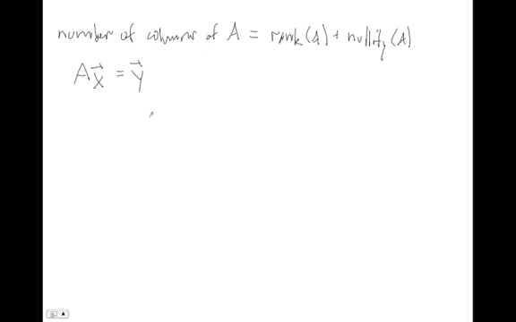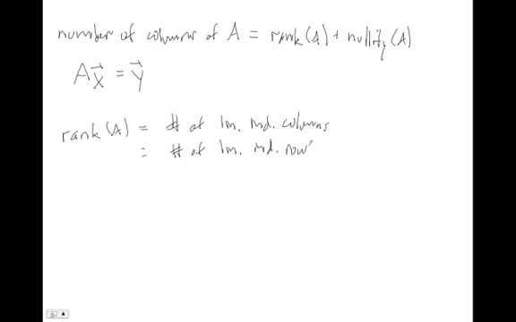So one thing that is true, though, this equation is always true. Replacing this columns with rows would be true for a square matrix, but even for rectangular matrices, we can say that the rank of A, which we previously said is equal to the number of linearly independent columns, is also equal to the number of linearly independent rows.